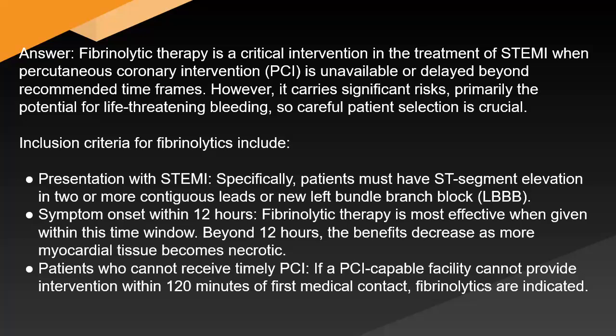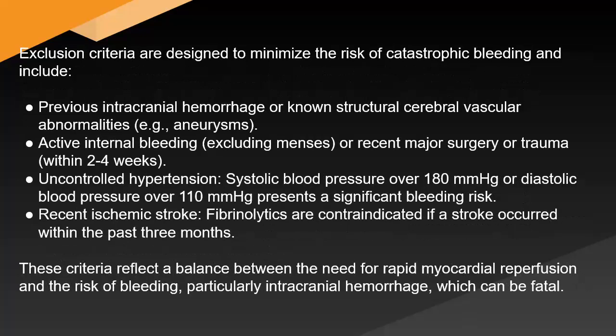fibrinolytics are indicated. Exclusion criteria are designed to minimize the risk of catastrophic bleeding and include previous intracranial hemorrhage or known structural cerebral vascular abnormalities, e.g. aneurysms, active internal bleeding, excluding menses, or recent major surgery or trauma within 2-4 weeks.